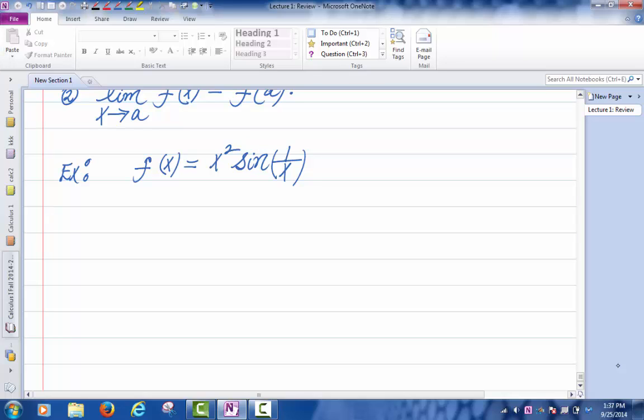Is it continuous at 0? No, because the function is undefined at 0, right? So f of 0 is undefined, so the first condition is not satisfied for it to be continuous at 0. So f is discontinuous at 0.